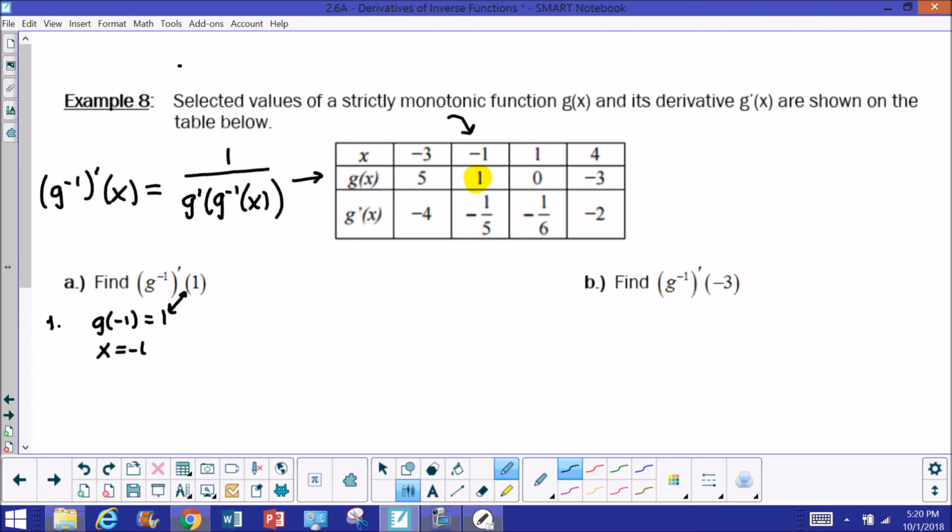Now the thing about these kinds of problems is that there is no need to have step 2. You don't need to take a derivative of g because it already has been done for you in the chart.